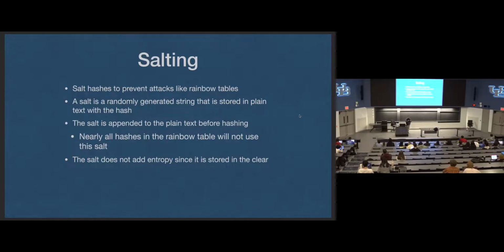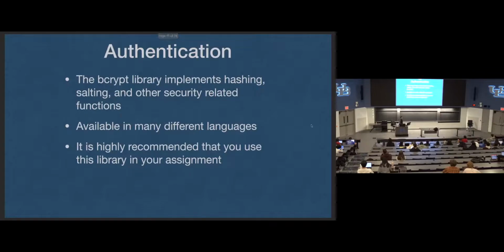You could change your function to have that salt appended to it, but you wouldn't know that salt before you attack the database. So you can't pre-compute these things because you need to know the salt. You'd have to build a rainbow table with a specific salt in mind, and that's just not feasible. It's not going to work.